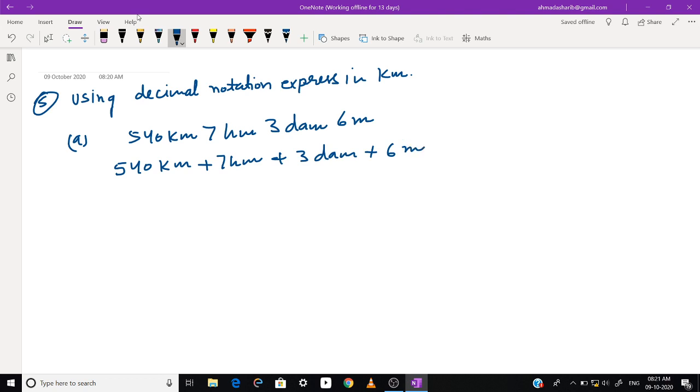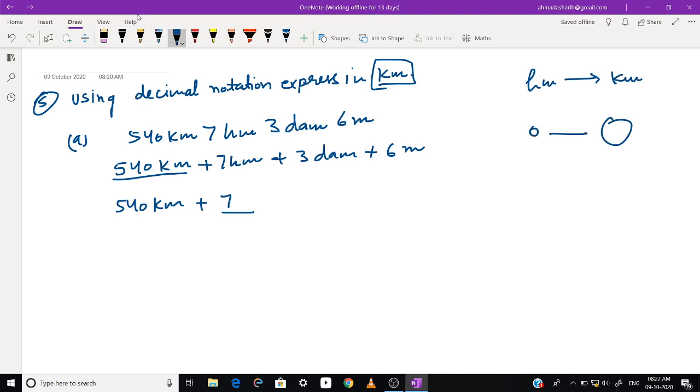meter. Now since we have to convert all the units into kilometer only, we can see this is already in kilometer, so we don't have to do anything in this. And then 7 upon, since how many hectometers are there in 1 kilometer? There are 10 hectometers, and since we are converting hectometer into kilometer, going from smaller unit to bigger, we have to divide.